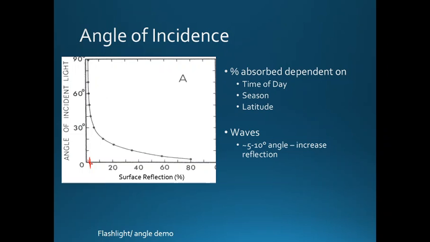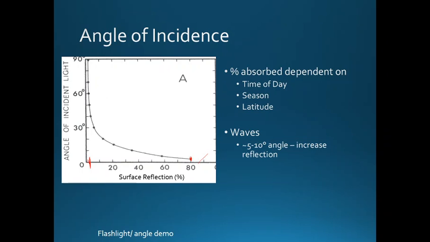It goes into the water. But if you have a real shallow angle, so you take a flashlight and put it way over on the side, and it just glances off the surface of the water, a lot of that reflects. So here, at maybe a 5-degree angle, we get over 80% of the light reflecting off the water.